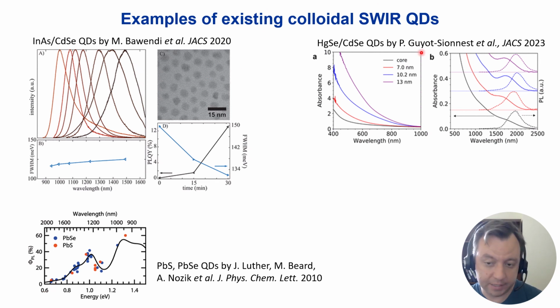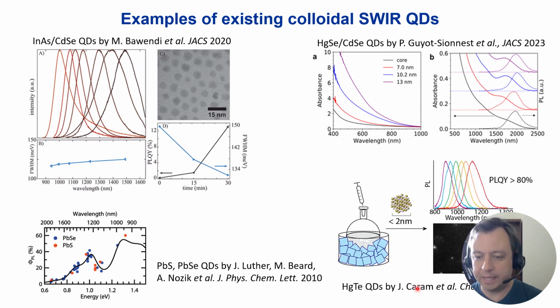Mercury chalcogenides have been picked up in recent years. Well, they were pursued intensively by Philippe Guyot-Sionnest. Here we show emission by mercury selenide between 1800 and 2000 nanometers. Other groups have also worked in this direction, including Andrew Smith.